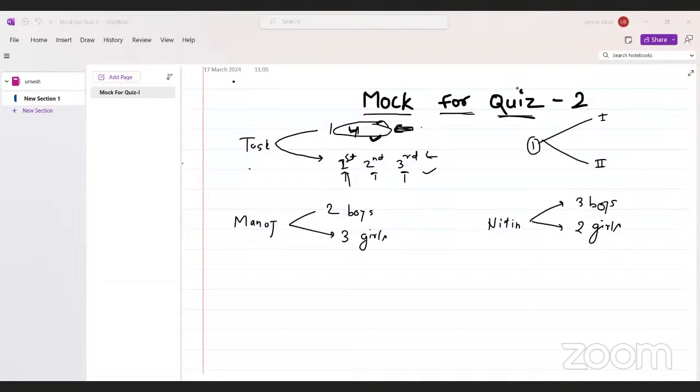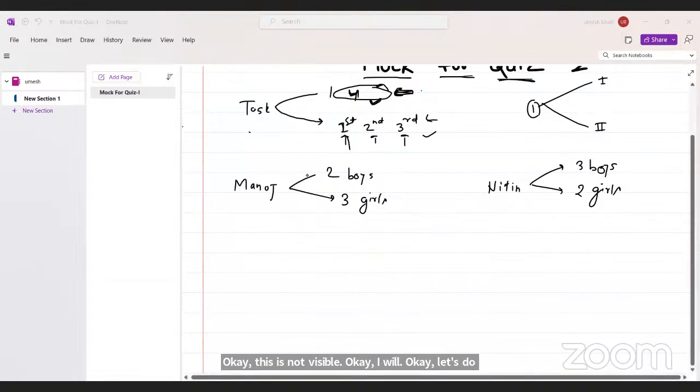Sir, I have pasted the link in this chat window for both the mocks. It's on the right side of the page that we are discussing currently. Yes, sir, it's the Notability link. It has the page. You can download it. It's in PDF format. Okay, this is not visible. Sir, it's refreshing.